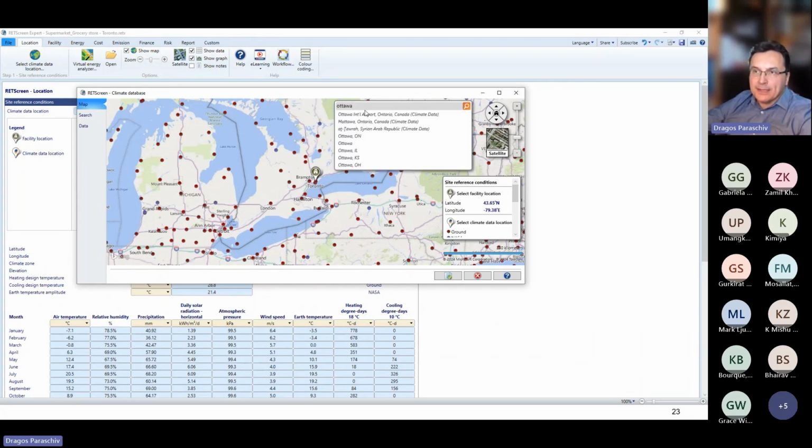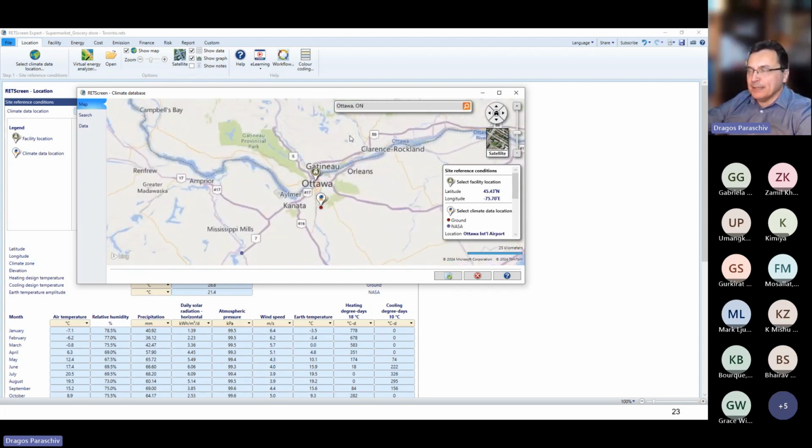And by the way, this tool is actually based on a big mapping tool. So any feature that you have in a mapping tool is available here, like satellite view, address search, location, zoom in, zoom out. I'm just going to select Ottawa as a generic location, not for a particular address.